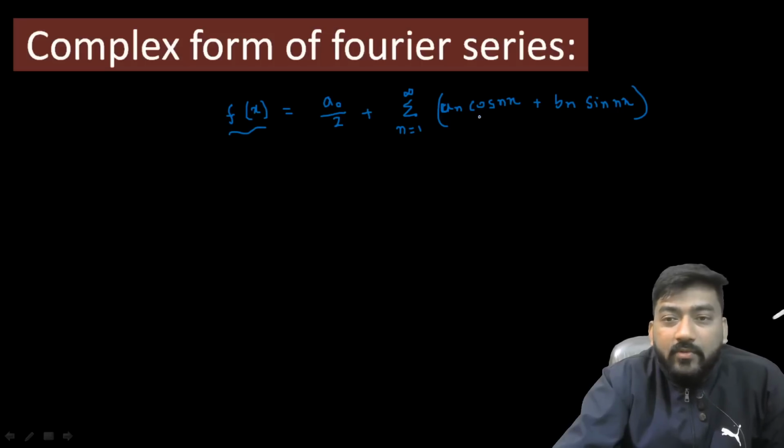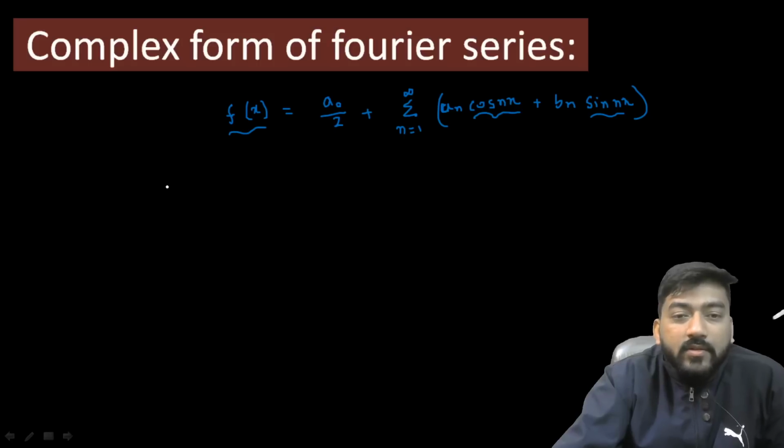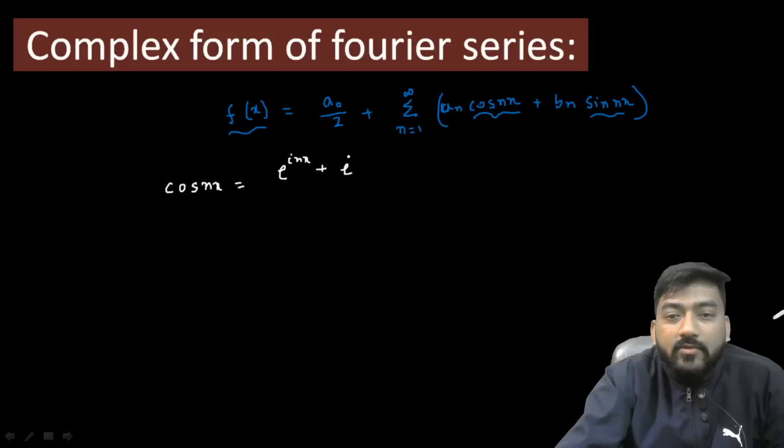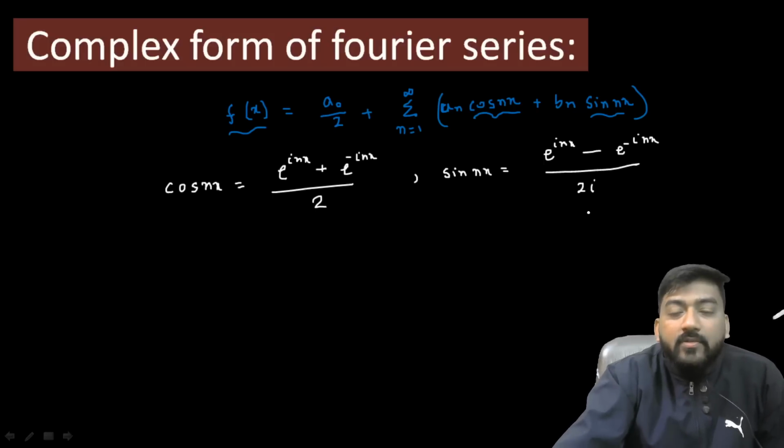But you know this cosine and sine can be represented in terms of exponential form. You know that cos nx can be written as e to the power inx plus e to the power minus inx divided by 2, and sin nx can be written as e to the power inx minus e to the power minus inx divided by 2i.